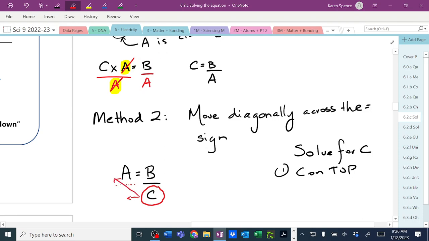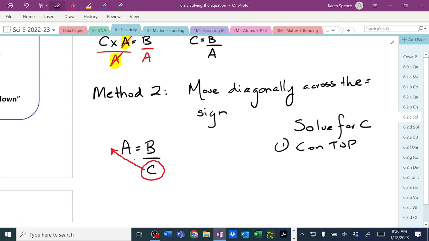I'm going to move it up because that's moving diagonally. And it might be helpful for you to draw a little line here to keep yourself in order as to what's on the top and what's on the bottom. Okay, so if I move C diagonally, then it's going to end up where? Right beside A. So C is now right beside A, and that's equal to B.